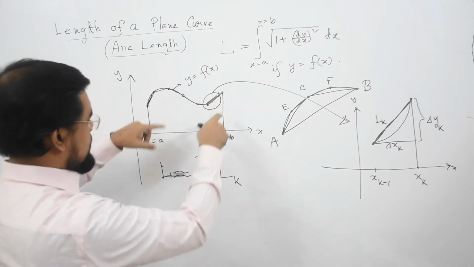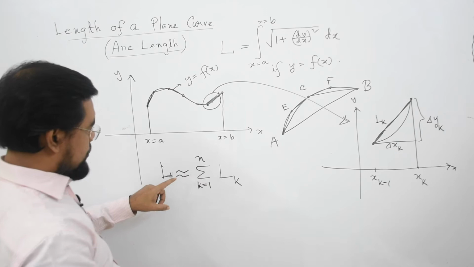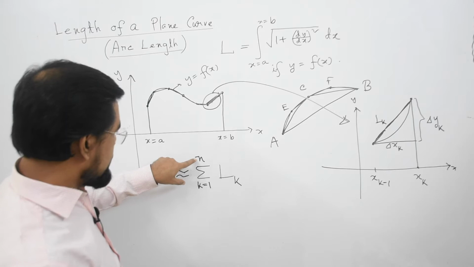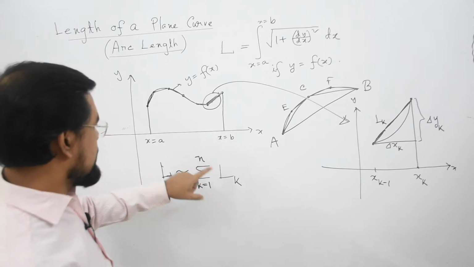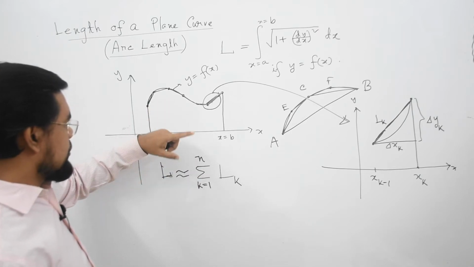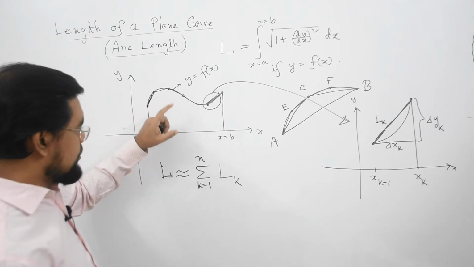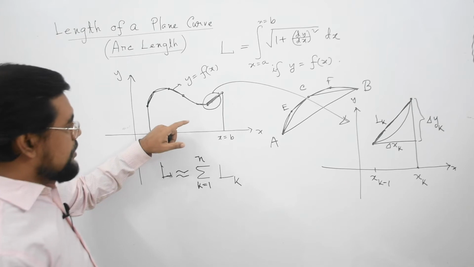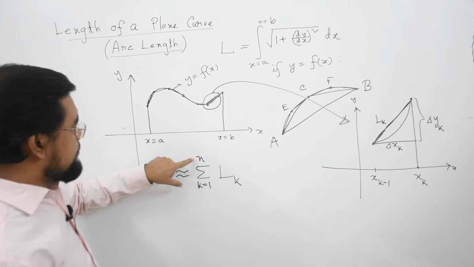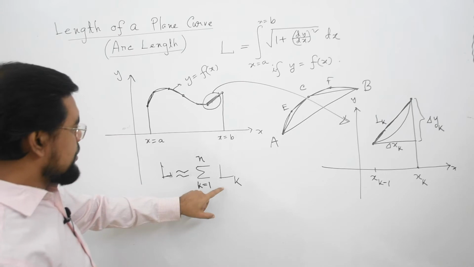Suppose we have n line segments here. This is the approximation of arc length, and the larger n is, the more accurate the result. For n equal to 5 and n equal to 10, n equal to 10 gives a better result. If n equal to 500, you will get an even better result. If n equal to 1000, your result will be better than the previous one.